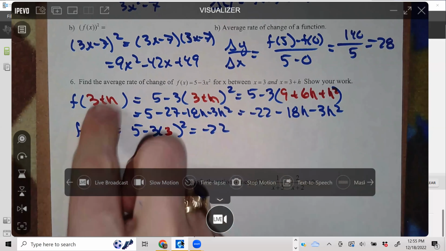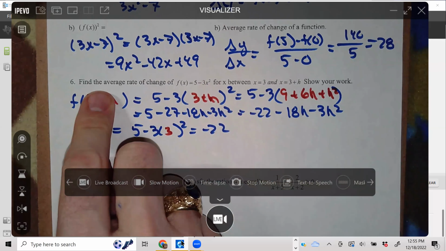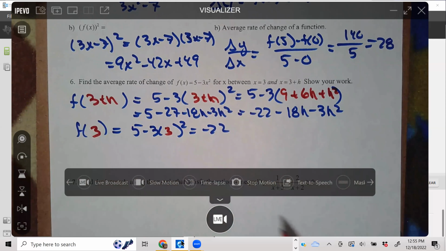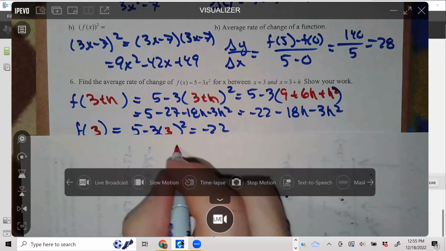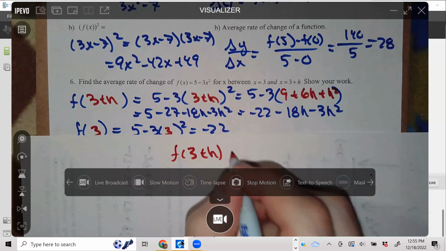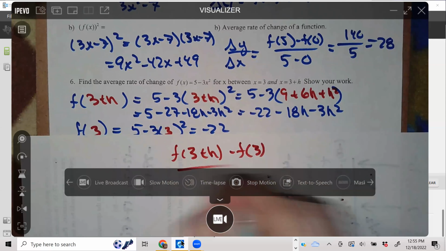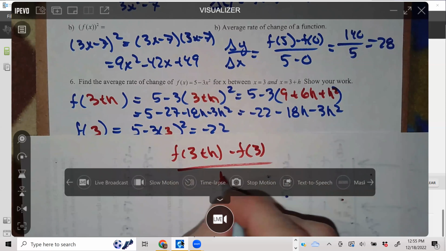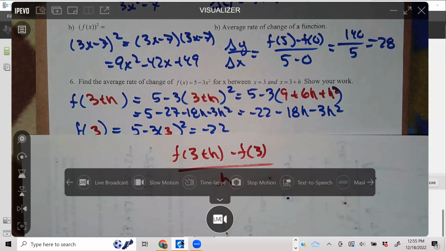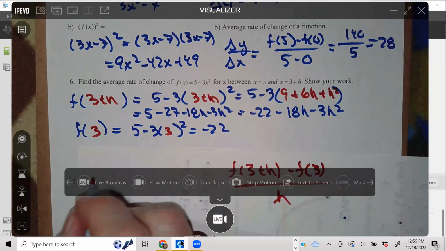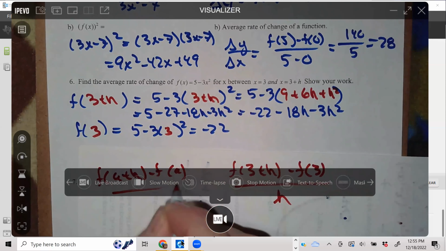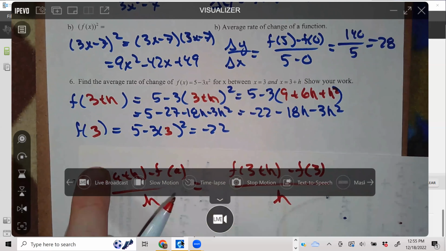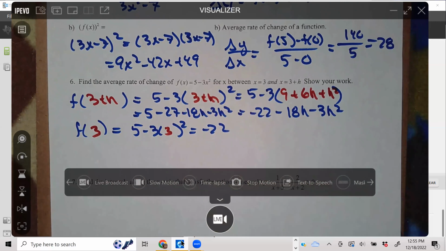Overall, to calculate this, what we need to do is calculate this expression, f of 3 plus h minus f of 3 over h. That's what we need to calculate. And in general, you're going to be calculating f of a plus h minus f of a over h. A is the number in particular that you're going to deal with.